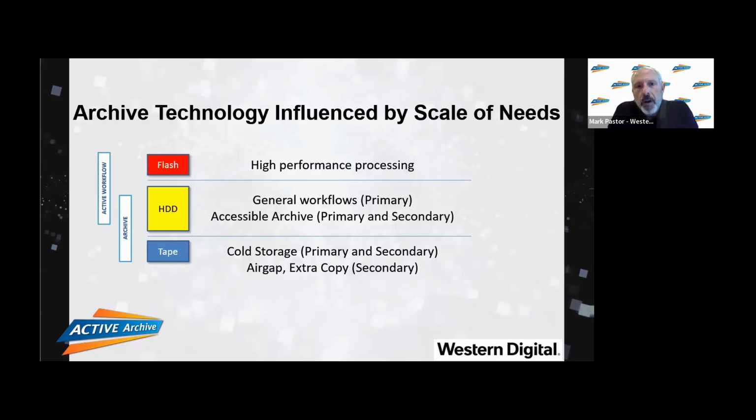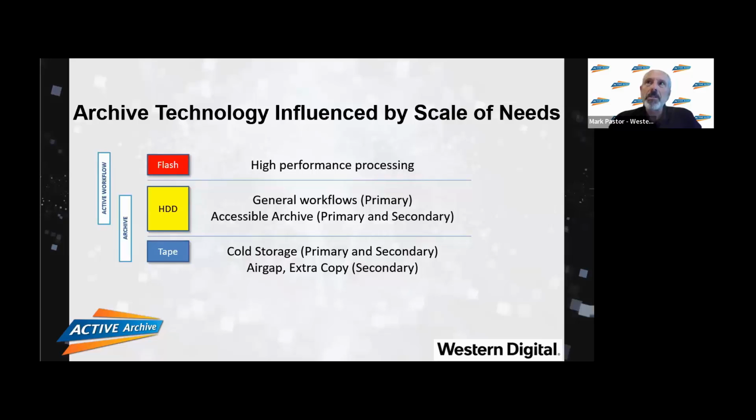in terms of where it can be leveraged, anywhere from an active workflow, which isn't quite as performant to need flash. But as you saw in the previous slide that was presented, 46% I think was the number of deep archive data being stored on tape. That's just to say that there's another 54% that's stored on something else. And that could be optical, it could be hard drive.